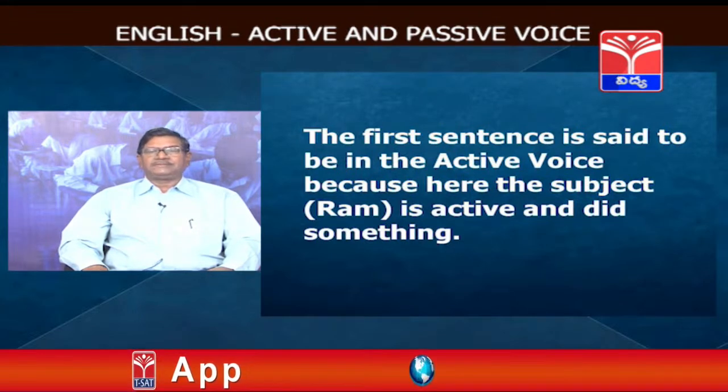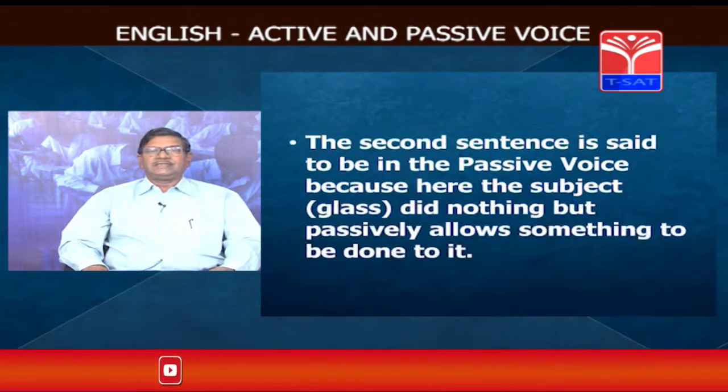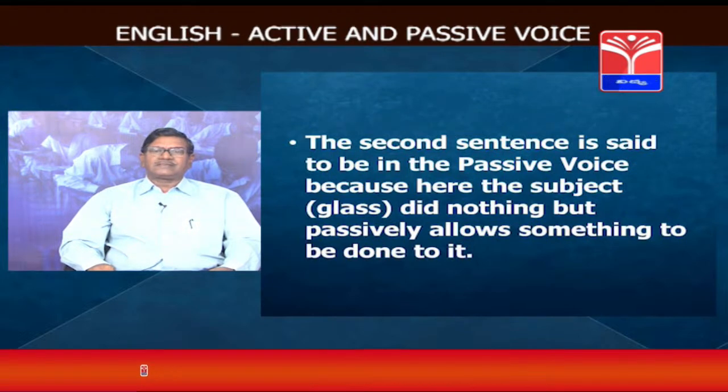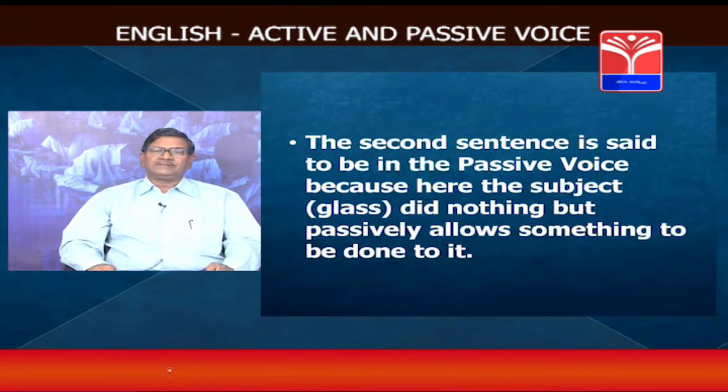Subject is active. When the subject is active, the sentence is said to be in active voice. And the second sentence is said to be in passive voice because here the subject glass did nothing but passively allows something to be done to it.